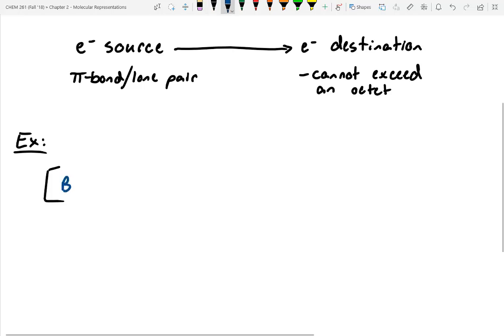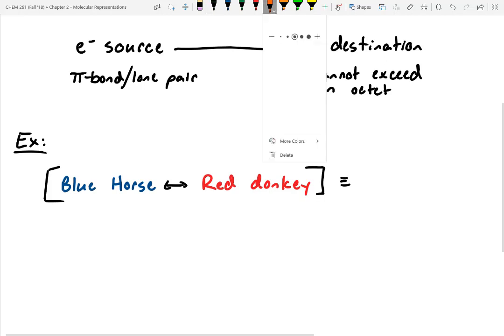And in this case, we're going to have a blue horse on one side, and it's in resonance with a red donkey. How many electrons does a red donkey have? I have no idea. If we think about the hybrid structure, what would be a better hybrid structure for this? I'm kind of giving it a hint. Purple mule, exactly.